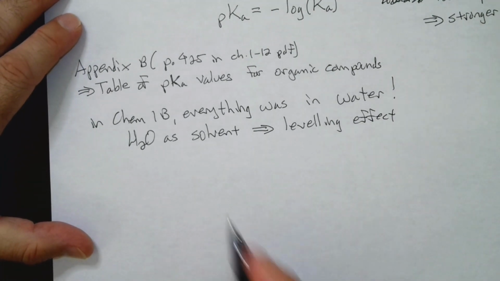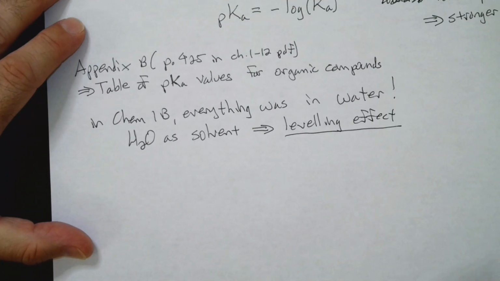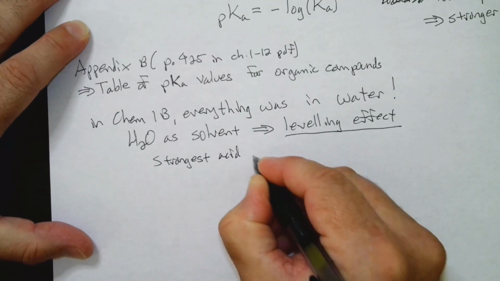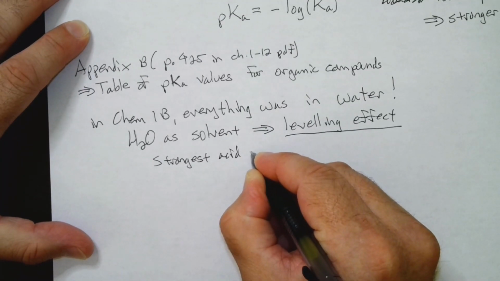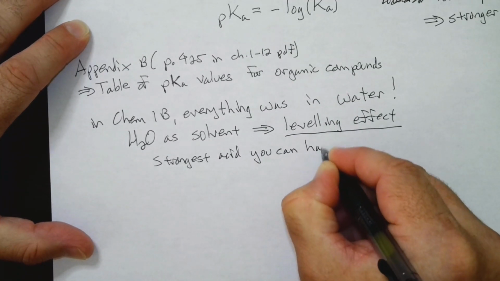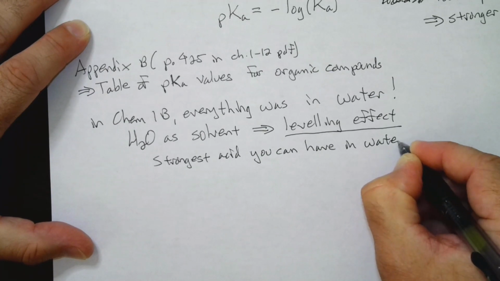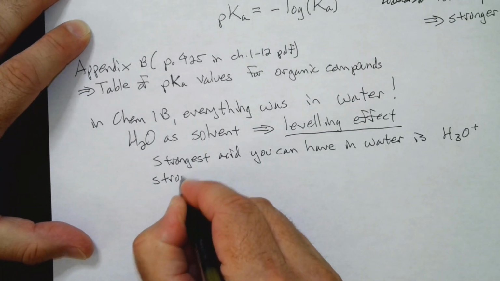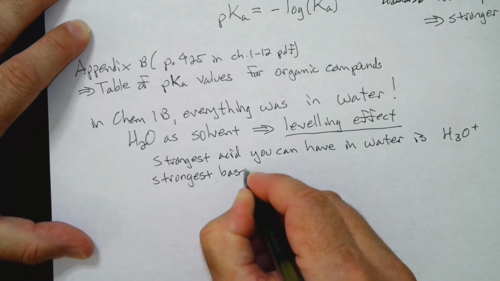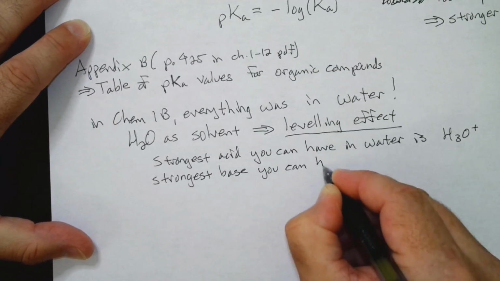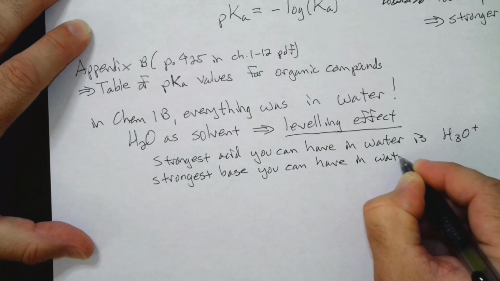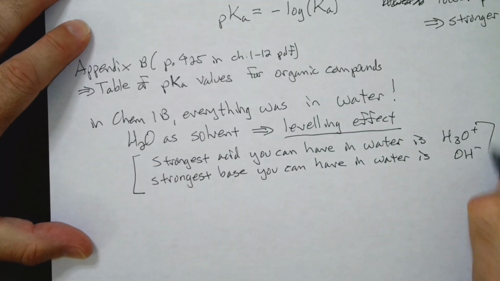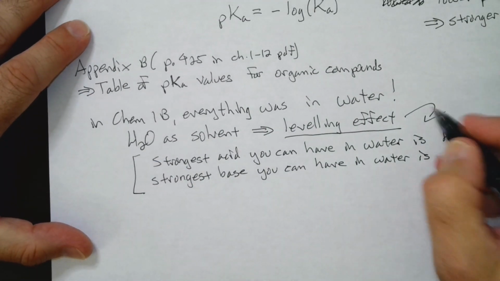That is, the leveling effect means that the strongest acid you can have in water is H3O+, and the strongest base you can have in water is OH−. Okay, this is the leveling effect.